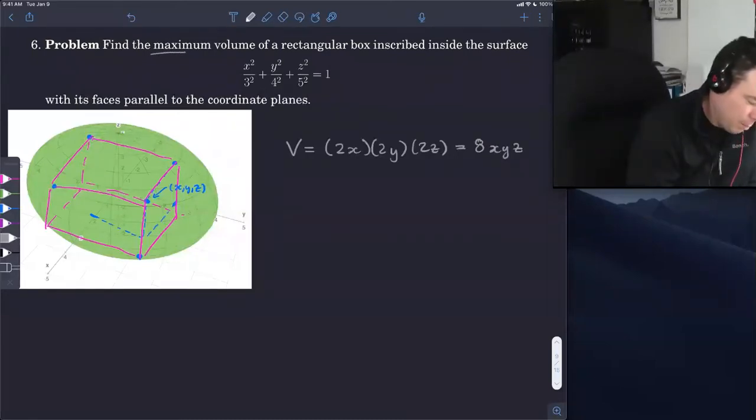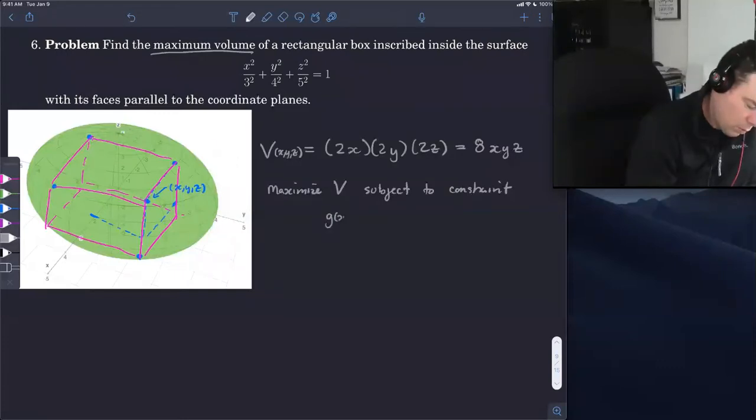We want to find the maximum volume. So this is the function we want to maximize. I'll make sure I emphasize that this is a function. It's V of x, y, z. So we want to maximize V subject to the constraint g of x, y, z is equal to, well, these points have to live on the surface of the ellipsoid.